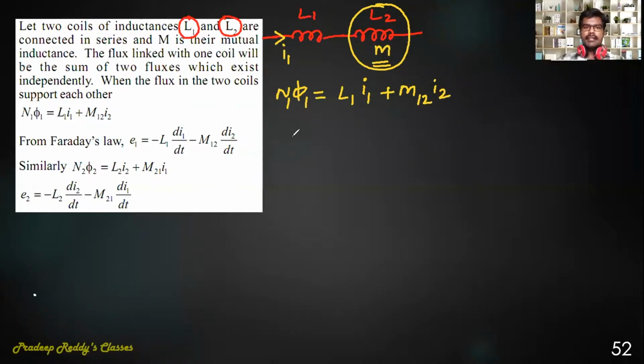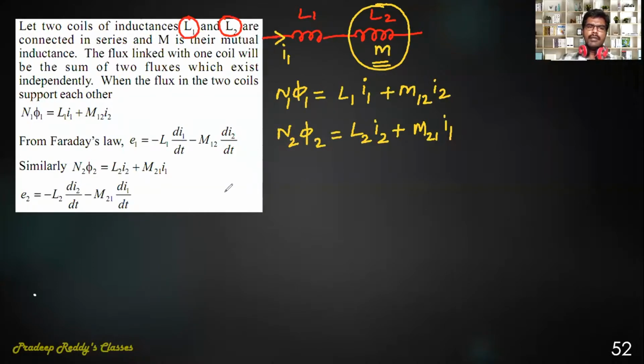Likewise, in the second inductor, the total flux change will be N2 phi 2, which is equal to self-induction plus mutual induction. That is flux change.